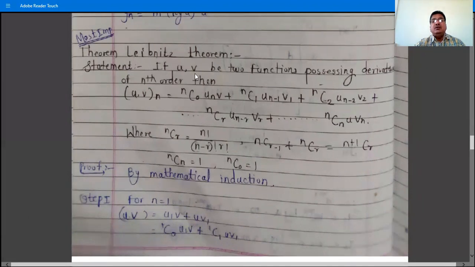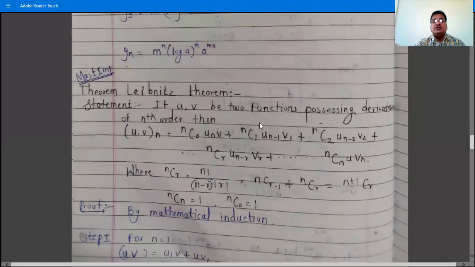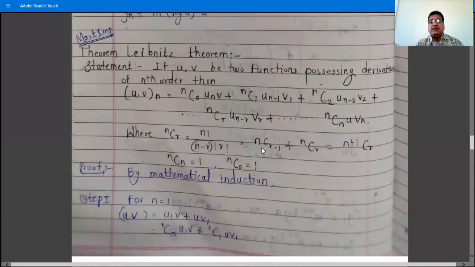If u and v are two functions possessing derivatives of nth order, and y is equal to u into v, then yn, that is the nth order derivative of u into v, is nc0 un v plus nc1 un minus 1 v1 plus nc2 un minus 2 v2, and so on, plus ncr un minus r vr, plus ncn u vn, where ncr is n factorial over n minus r factorial into r factorial.